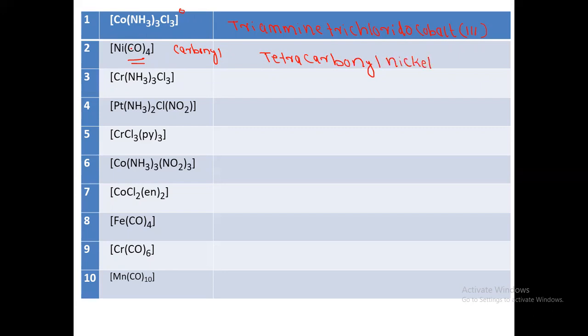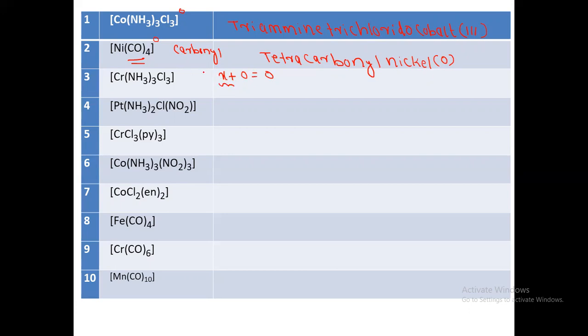See here, carbon monoxide has no charge. The total charge is also 0. So the metal also should be in the ground state. So no charge, nickel 0. Remember, nickel 0, even if it is 0 you should write it. The charge of the metal plus the charge of ligands will be 0. Here there is no contribution from the charge of the ligand, and the total charge is also 0.